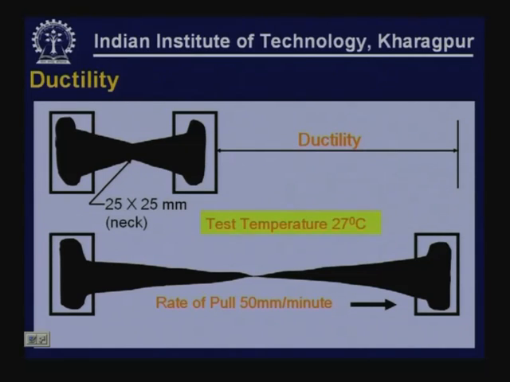Normally the test is conducted at 27 degrees centigrade. So, the briquette is extended at this rate, and when the thread breaks, we measure the distance by which it has been extended, that is the ductility of the bitumen.